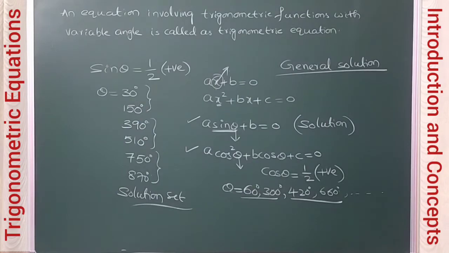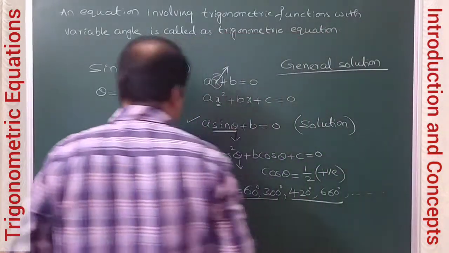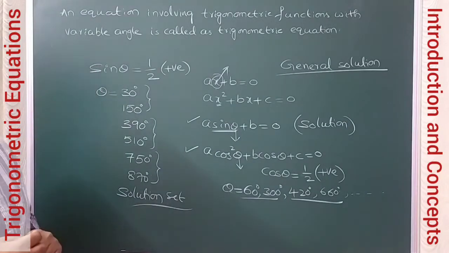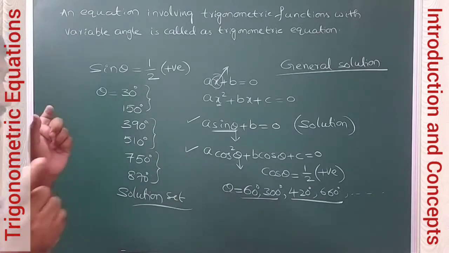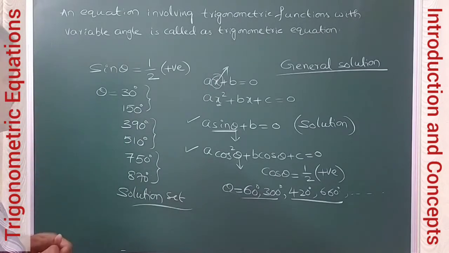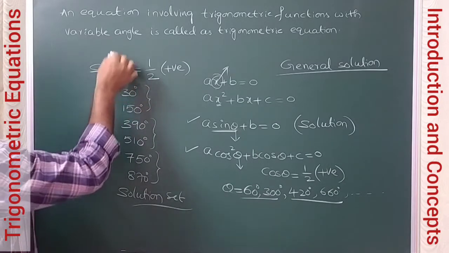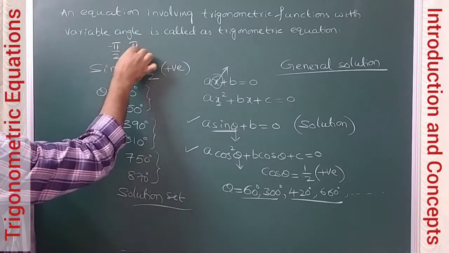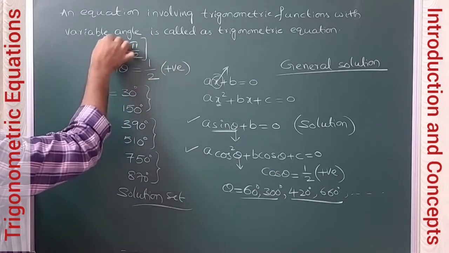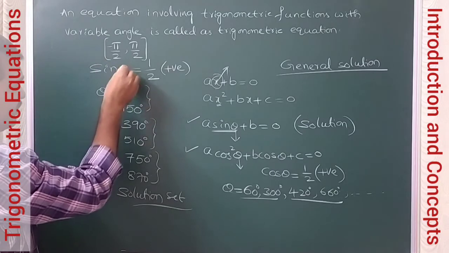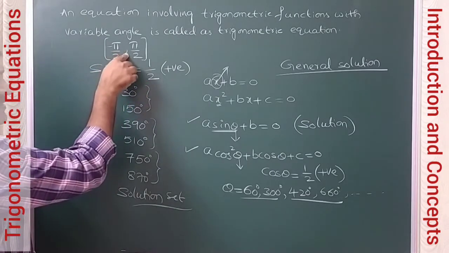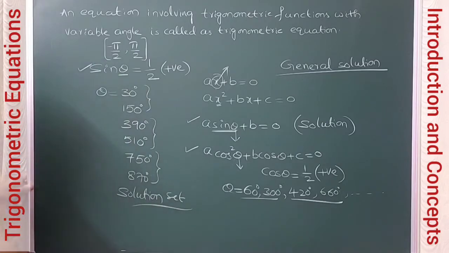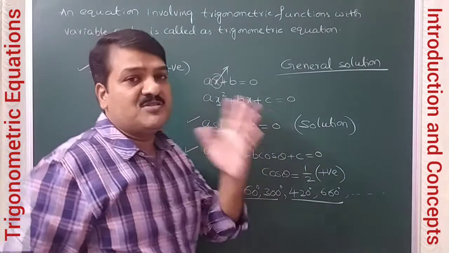Okay, so what is actually the principal solution? For example, if we take this trigonometric equation, that is for the sine function, the principal solution will be a unique value in a particular interval satisfying the given trigonometric equation. So when we take the sine function, a unique value of the variable angle, that means a unique value of theta in this interval satisfying the trigonometric equation will be called the principal solution.